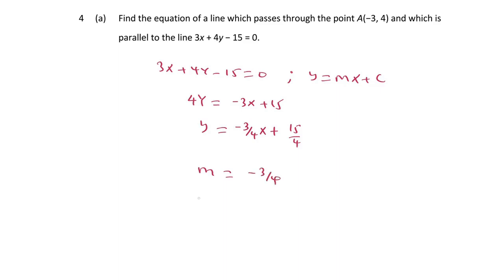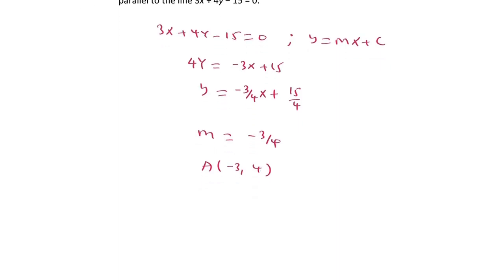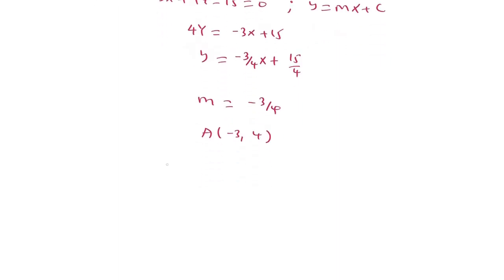This is going to be the same gradient for the line passing through point A with coordinates negative 3, 4. Now to find the equation of the line, we use the formula y equals m in brackets x minus x1 plus y1, of which x1, y1 is negative 3, 4, and our slope is negative 3 over 4.